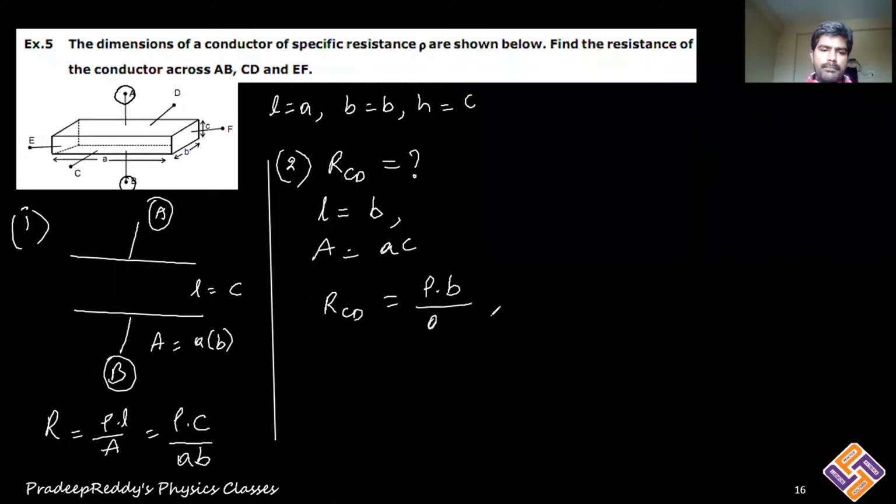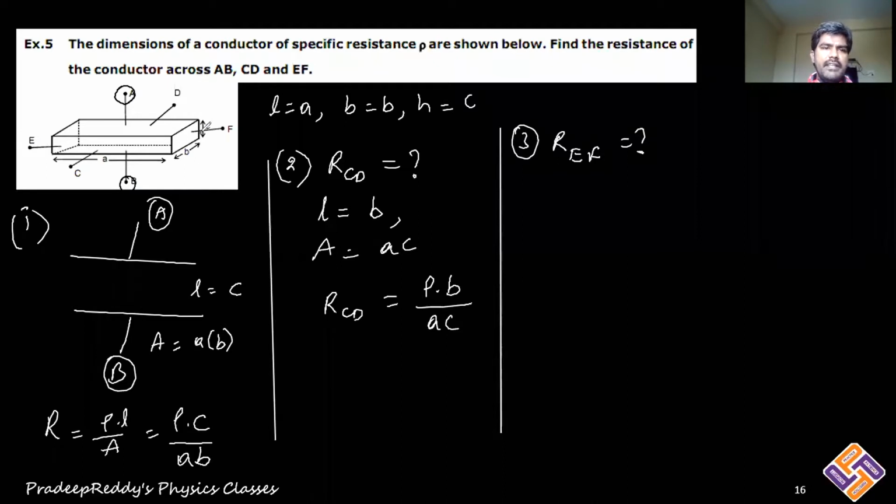That's number 2. Next, you should find out the resistance across EF. Now, E is the left face and F is the right face. You could see it in the figure.